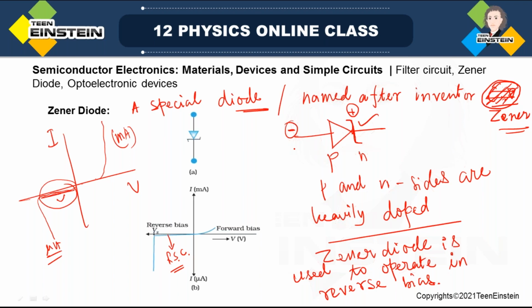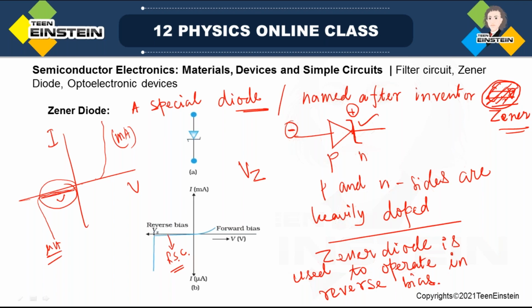Now if you go on increasing this reverse bias voltage, there will be a certain voltage called the breakdown voltage, that is called the Zener breakdown voltage, Vz.